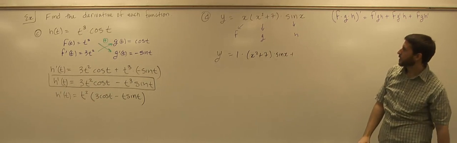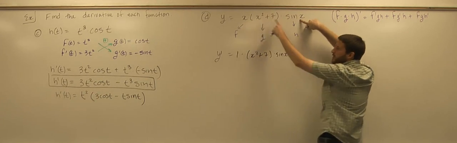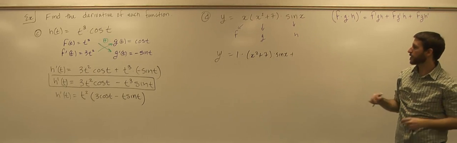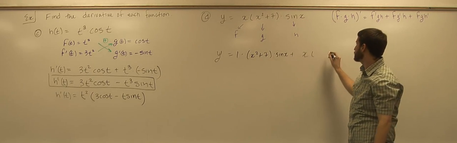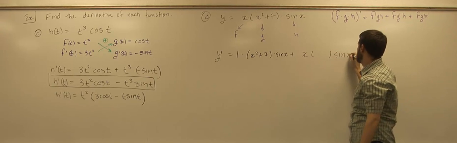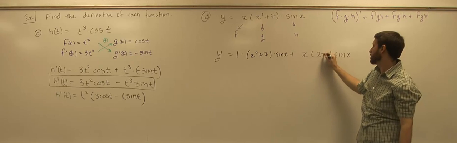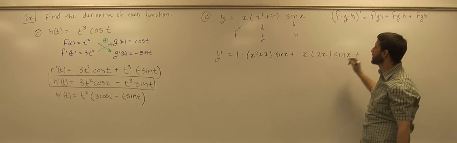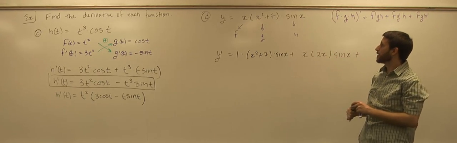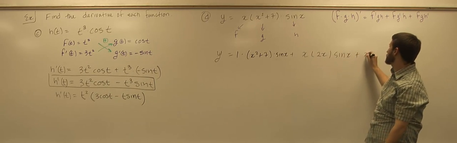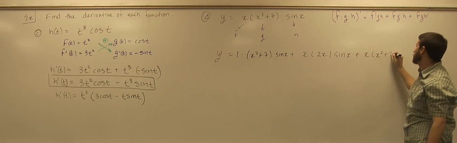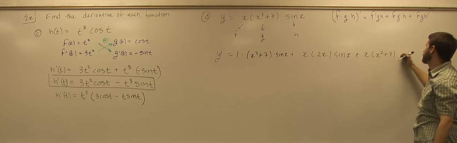Plus, keep these two the same and derive this one. So keep x the same, keep sine x the same. But then for the middle, you have to derive x squared plus 7, which is 2x. And then finally, keep the other two the same and derive sine x. And the derivative of sine x is cosine x.